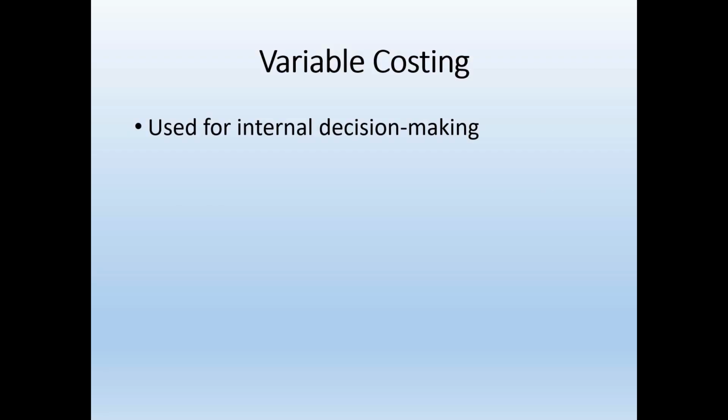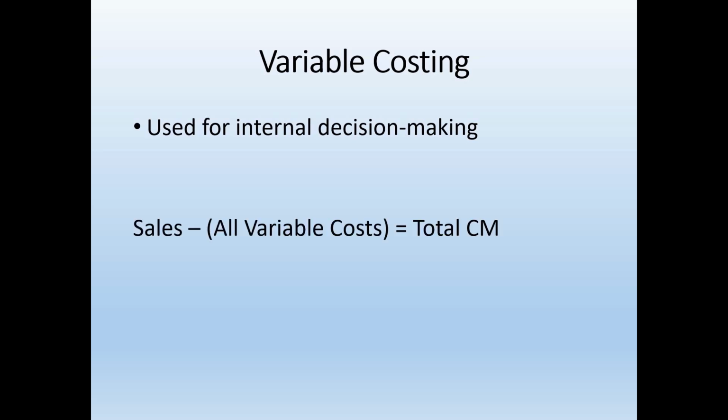By contrast, variable costing is not acceptable for GAAP, but it is important for internal decision making. In variable costing, we take sales revenue and subtract out all of the variable costs to get contribution margin, as we did in the previous chapter.